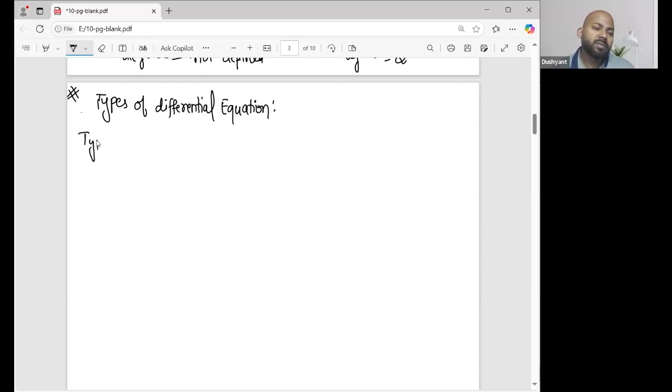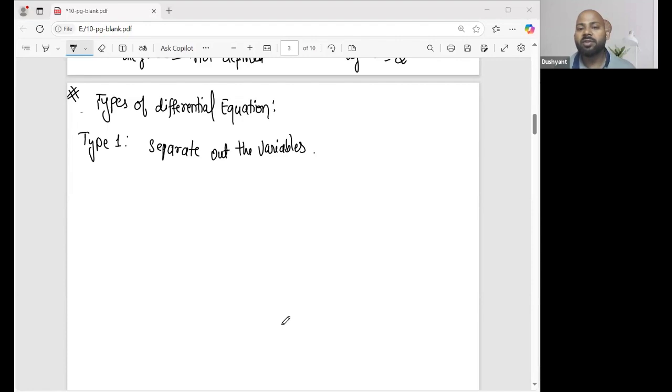Type number 1: separate out the variables first. So a separable differential equation means separate out the variables.